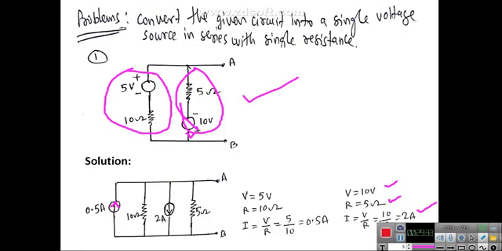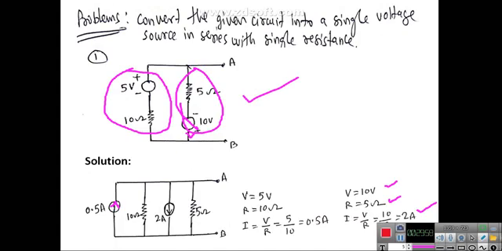Now once you convert the voltage sources in series with the resistances into current sources in parallel with the resistances, these two current sources are in parallel and these two resistances are also in parallel. Now you can replace these two currents by a single source. What is the magnitude of the current? 0.5 is upwards, 2 ampere is downward.